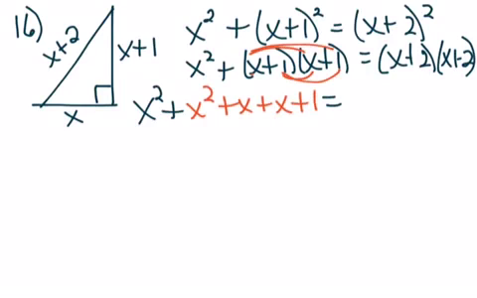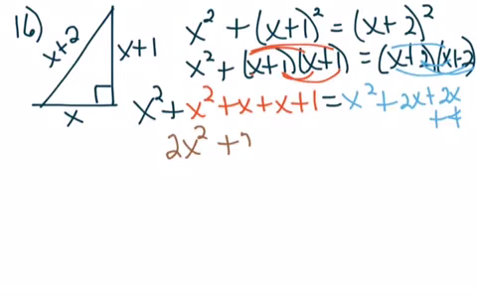And then on the other side, we have x times x is x squared. X times 2 is 2x. 2 times x is 2x. And 2 times 2 is 4. Okay, we need to combine like terms. So x squared plus x squared is 2x squared plus 2x plus 1 equals x squared plus 4x plus 4.